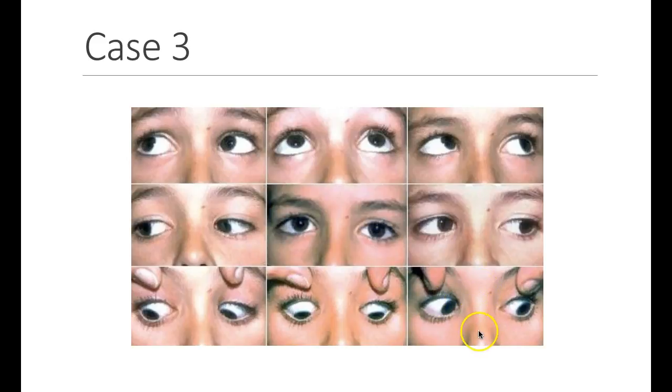But when the patient looks down and towards the nose of the affected side, so down and in on the affected side, the eye does not completely depress. So in adduction, the affected eye does not completely depress. However, when looking to the right side, it is completely improved, and there is symmetric function.